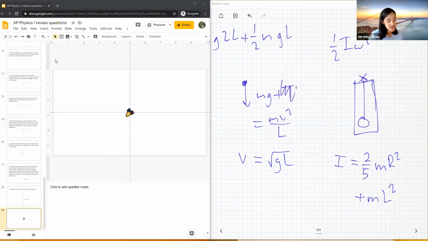Oh yeah, for I, we just add 1/2 I omega squared. Instead of doing linear kinetic energy, you would do angular kinetic energy. So just replace linear with angular, because for me that's the easiest way to consider it.